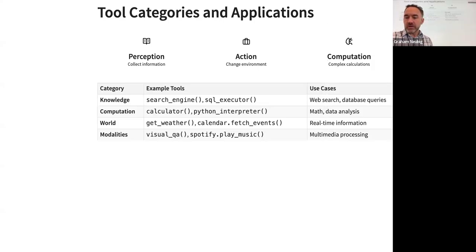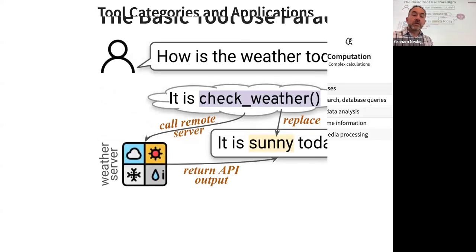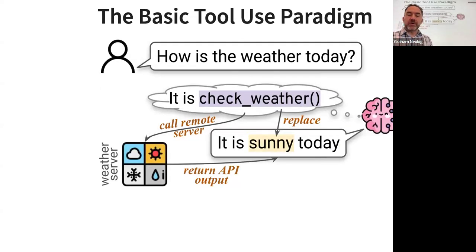Okay, cool. So the basic tool use paradigm, which is not the only way to call tools but is one of the common ways in language models, is you have a user query, and then before you actually generate the output, you have some way of calling a function.